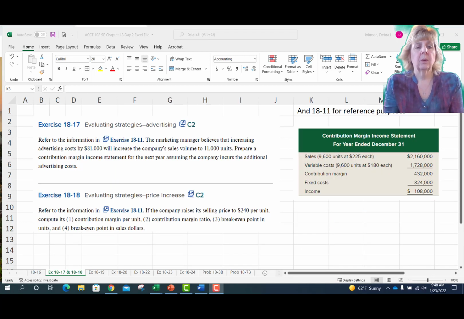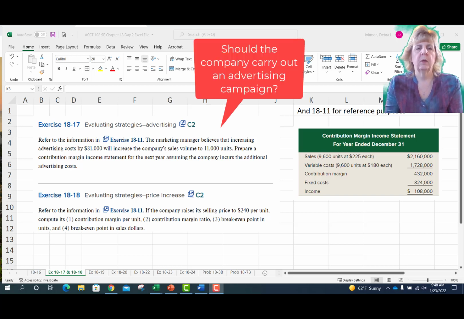The next two exercises are going to refer back to one that we worked on in class yesterday. In other words, we're going to take some data that we're already familiar with, and we're going to do some what-if scenarios. In the first exercise, it looks like the author's asking you about whether an advertising campaign would be worth the expected result.